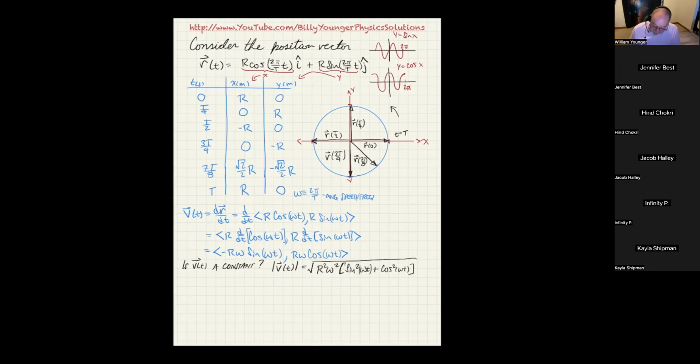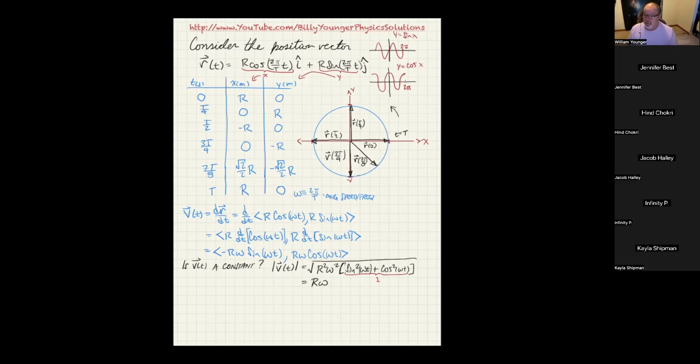So you see, that's what happens. But what is sine squared plus cosine squared? 1. Right? And what is the square root of r squared omega squared? Would it just be r omega, or technically plus or minus r omega?